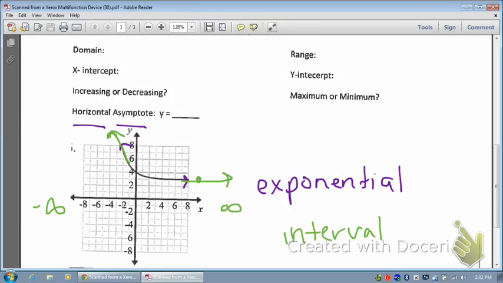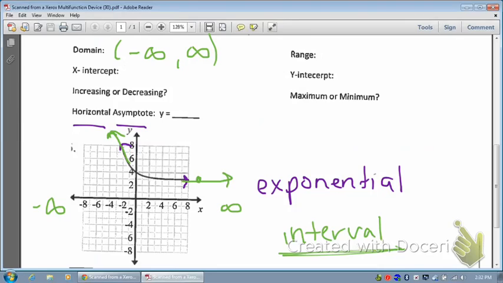So the question is, if we're using interval notation, how do we write this? Are we including this number? No. So we're going to write parentheses, negative infinity, comma, positive infinity. Just that easy. You're not including those numbers. It's not a closed circle or anything like that, so you don't have to put the bracket. Okay, we'll get more in depth on that a little bit later.